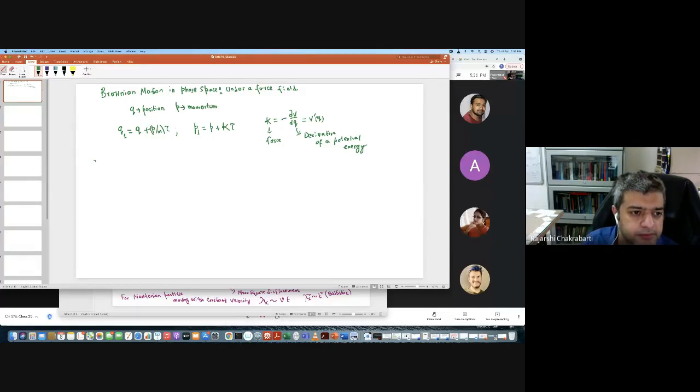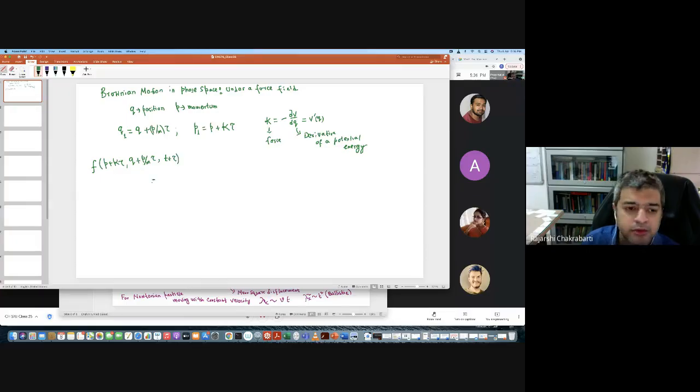Now, like what we did in the other two cases, we write down this distribution function with momentum p plus kappa tau, position q plus p by m into tau, at time t plus tau.